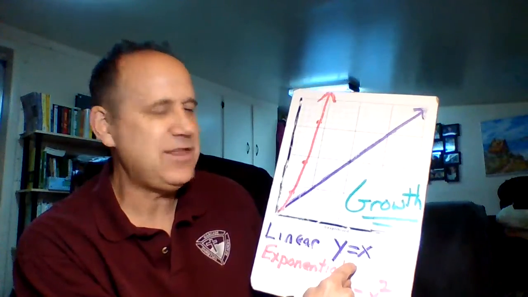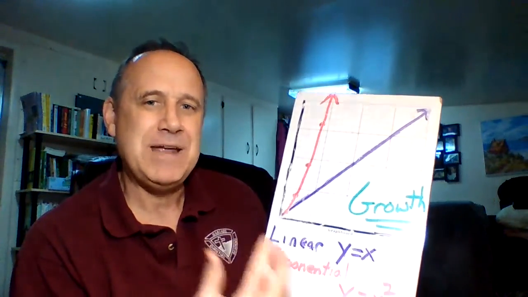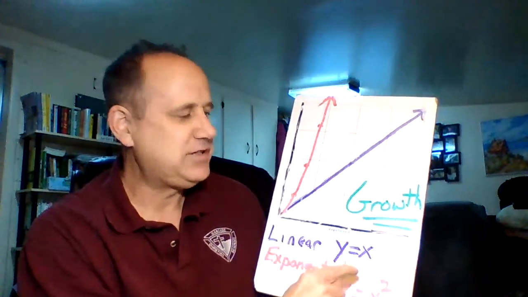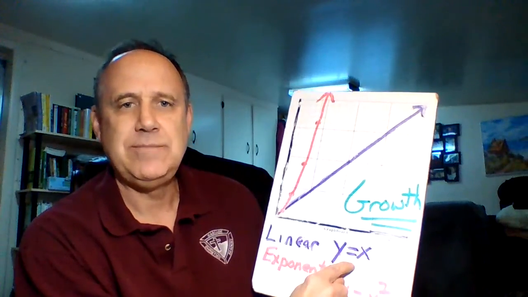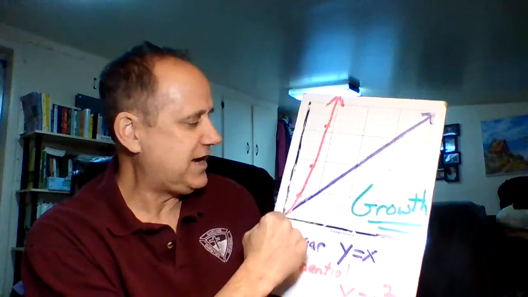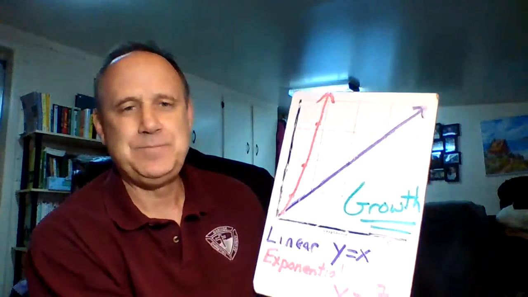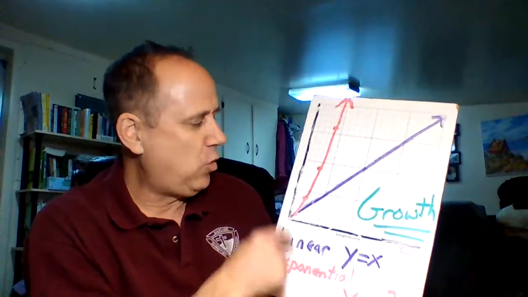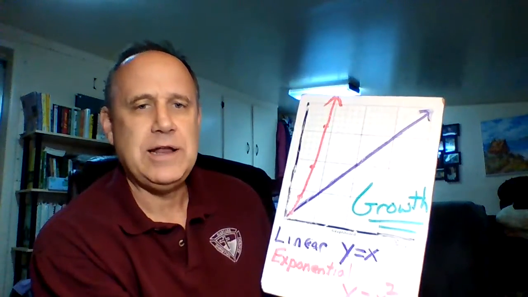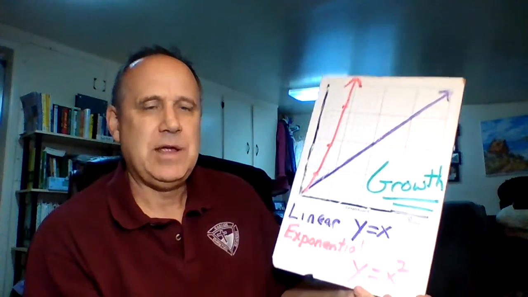We see the graph of a linear relationship, meaning the line represented by the equation is a line, right? So y equals x starts at the origin, and it's a straight line. My slope is up 1 and over 1. So that's linear growth.